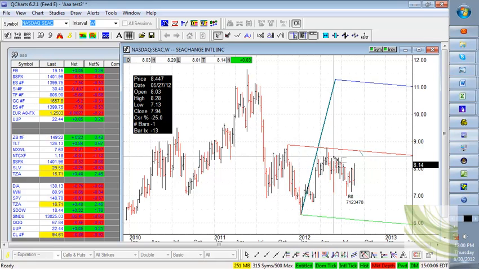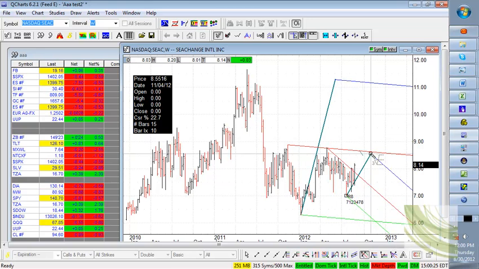I mean, think about it. If you're long from down here somewhere and prices go up here and then a whole bunch of people get long, it's a happy day, especially if prices go up to here. So let's take a look and see what else we have here.